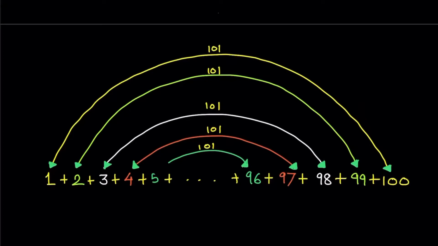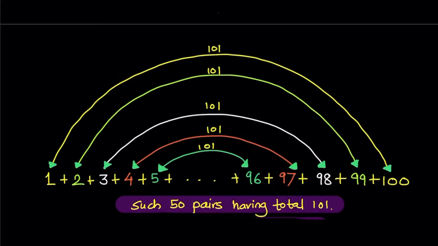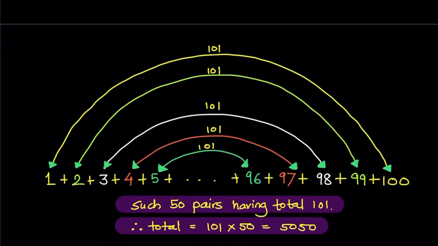Try to understand this. 50 plus 51 is the last pair, so the total number of such pairs will be 50. So 50 pairs with a total of 101 each will give you 101 into 50, which is 5050. This is known as Carl Gauss's technique to find the sum.